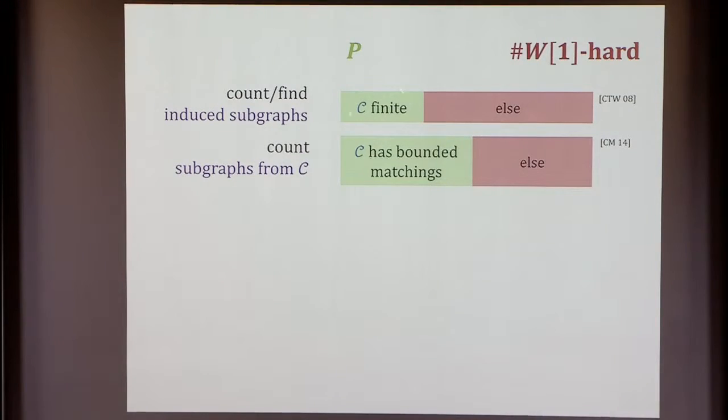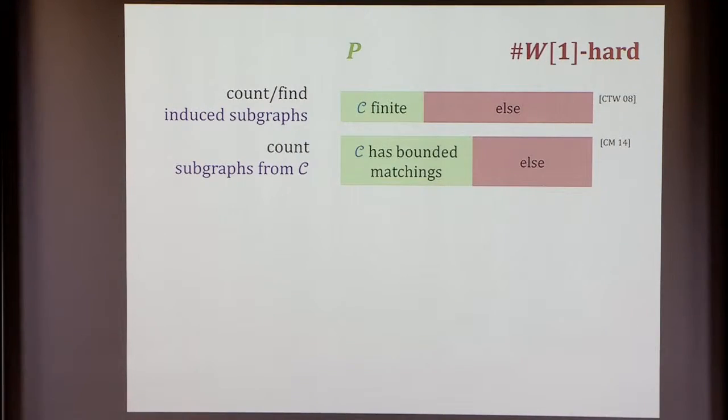So whenever your class is finite, then you can trivially do this in polynomial time. On the other hand, whenever your class is infinite, then it's #W[1]-hard. So here, for instance, stars were easy, but here they are not. I mean, they have bounded matchings, but there is an infinite number of stars. So stars are hard.